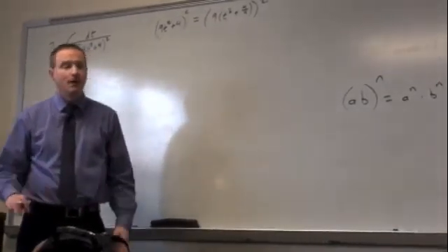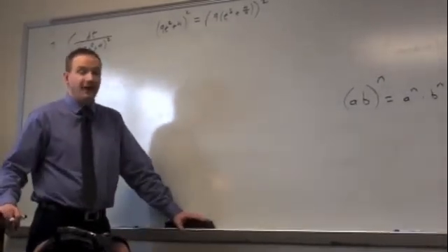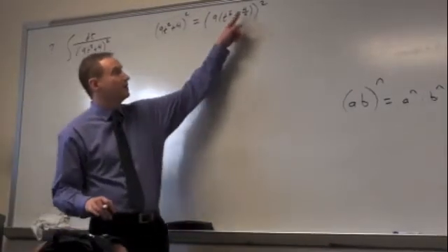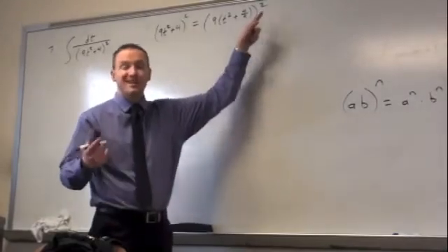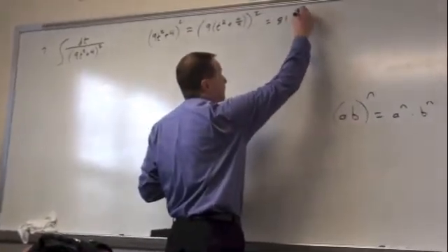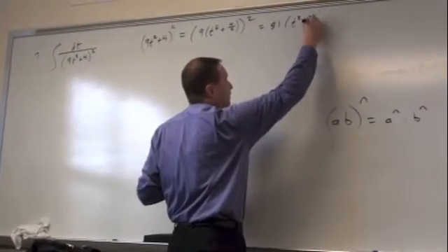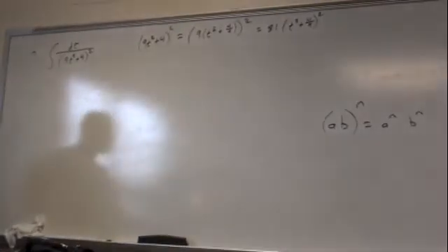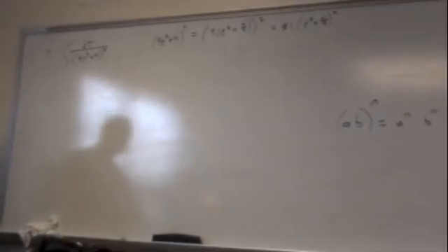I always do. So the nice thing about factoring that inside is I can say this is nothing more than 9 squared, which is 81. So I just separated that 9 from it by going ahead and squaring it.